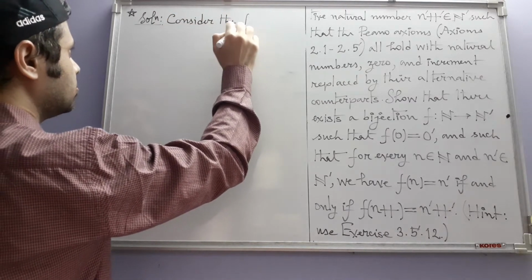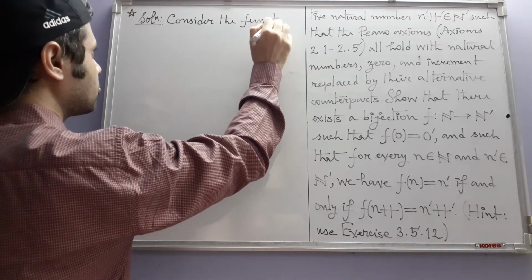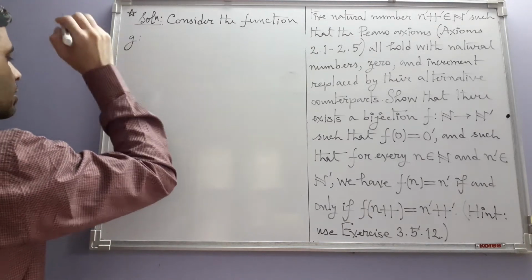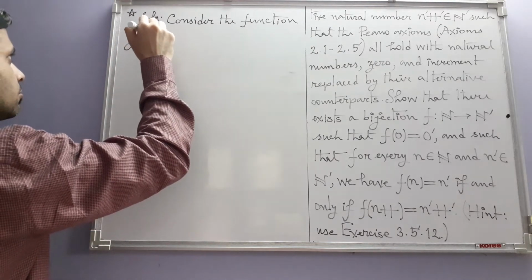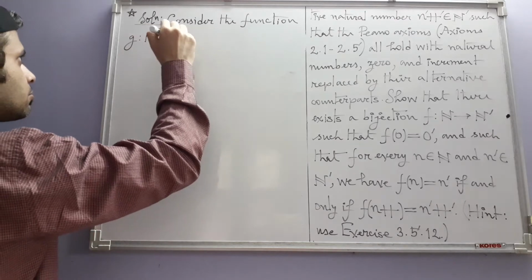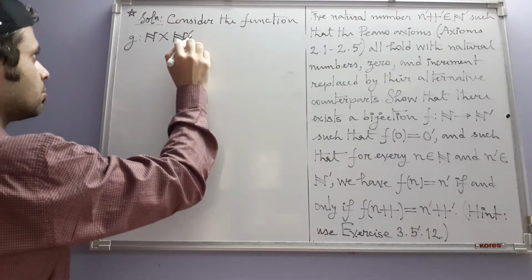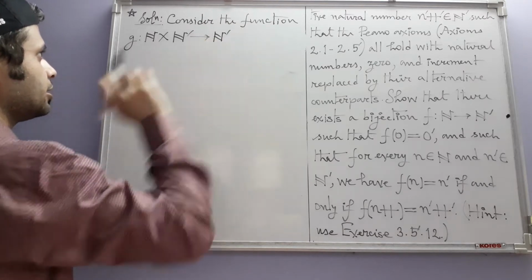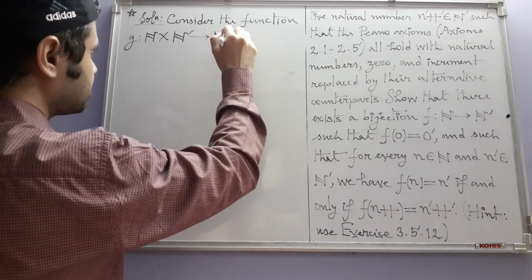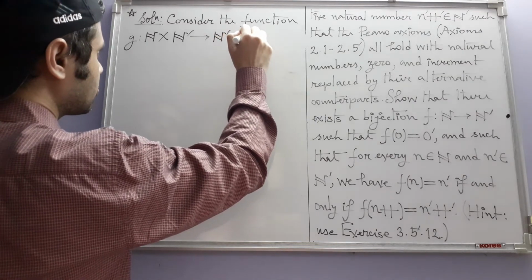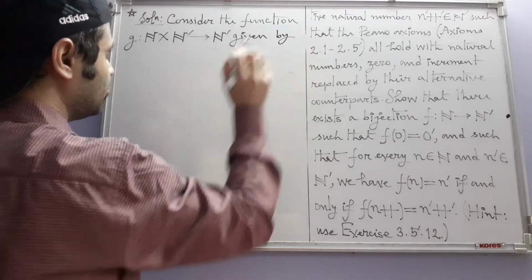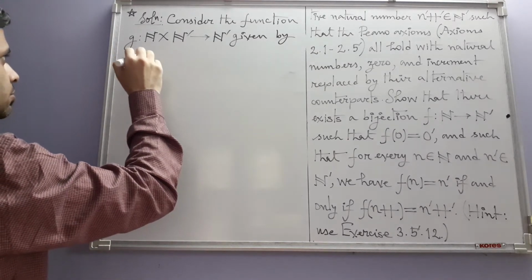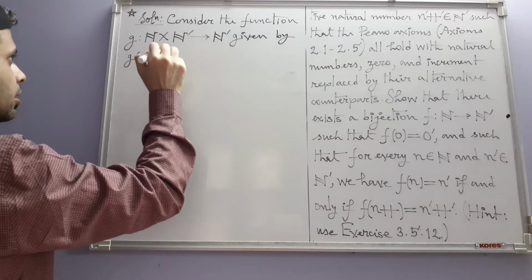Consider the function. We are going to consider a function g from this set into the set of alternative natural numbers, given by this formula: g of (m, n prime).